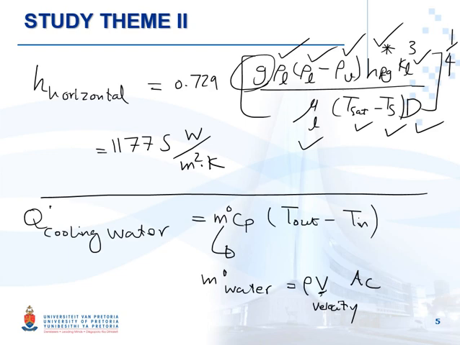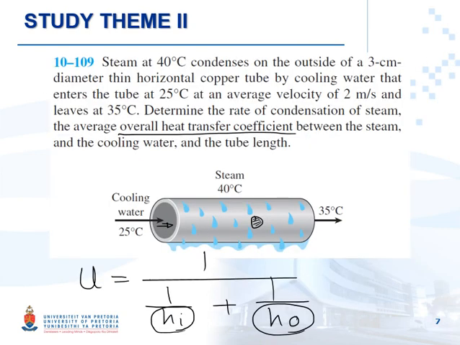Okay, so let me just write it here. Seven 11,775 units. Don't forget the average heat transfer coefficient.